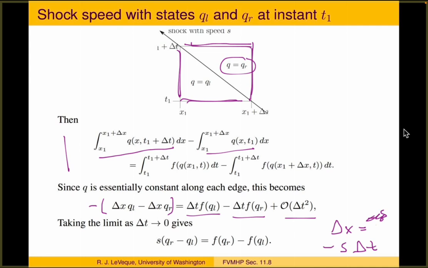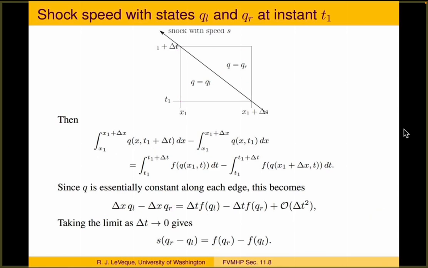So when we divide by delta t and let delta t go to 0, then this term actually becomes plus s. So the sign is correct on this last equation. So it's s times qr minus ql is equal to f of qr minus f of ql.